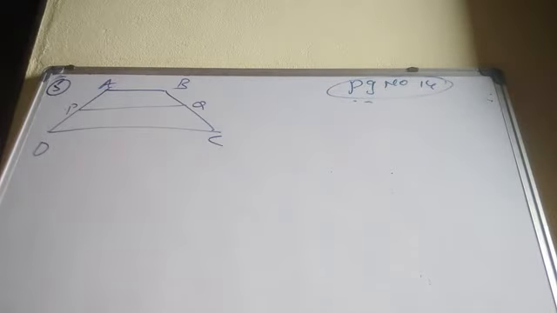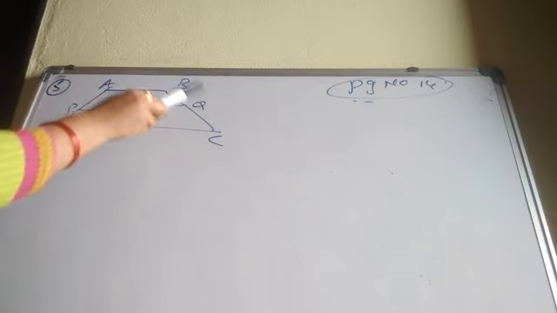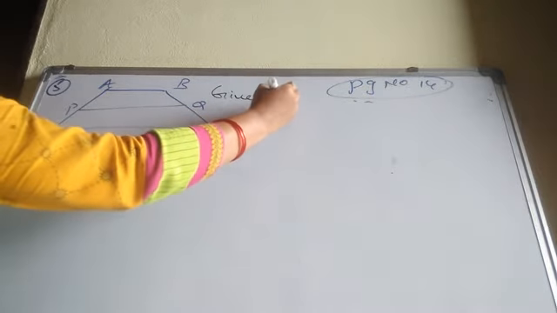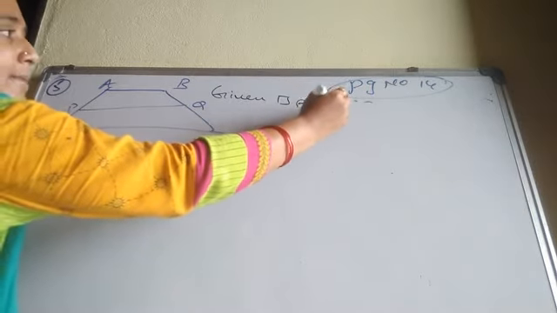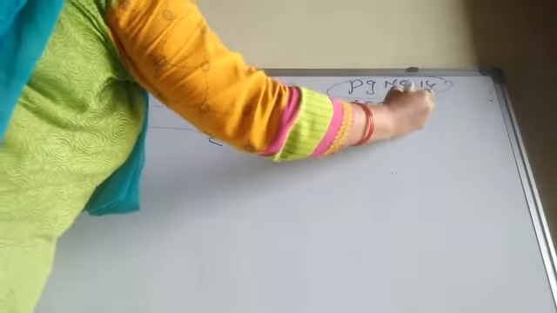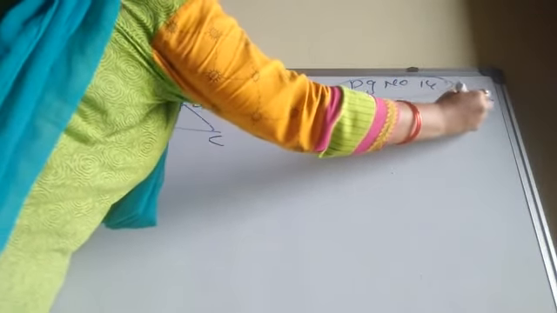Students, now coming to the next question. Question number 5. In trapezium ABCD, given quadrilateral ABCD is a trapezium.